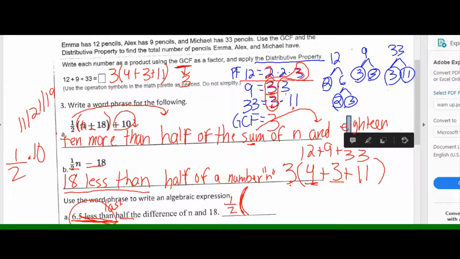The difference of what? A number. Difference is the answer to subtraction. So you put that operation right here where it says and. So it should be n minus 18 in that order. And then we need to take 6 and 5/10 from that, because 6 and 5/10 needs to be less than half the difference of n and 18. So that's the final answer for that one.